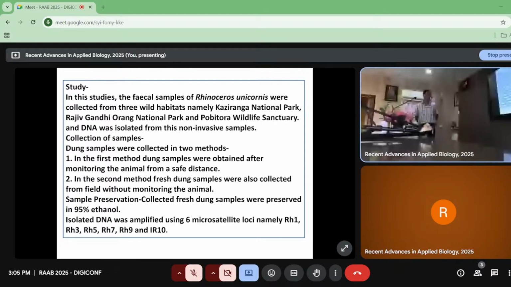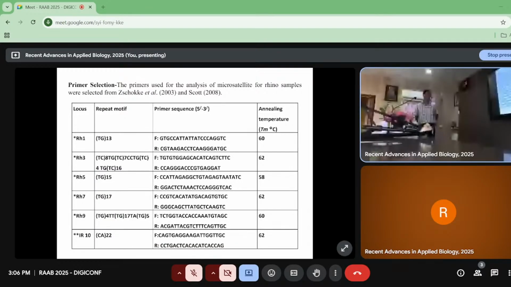Here are the primer sequences for these loci, and the third column is the annealing temperature.